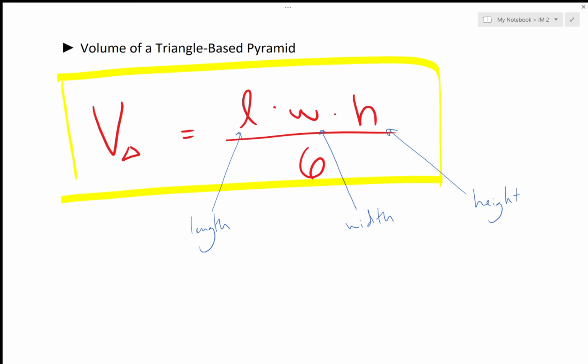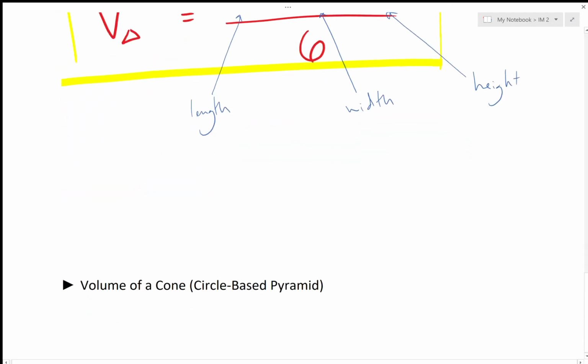And finally, the last one. It's the volume of a cone, or if you really want to think about it, a circle-based pyramid. This one definitely has pi in it anytime we have something round or circular.